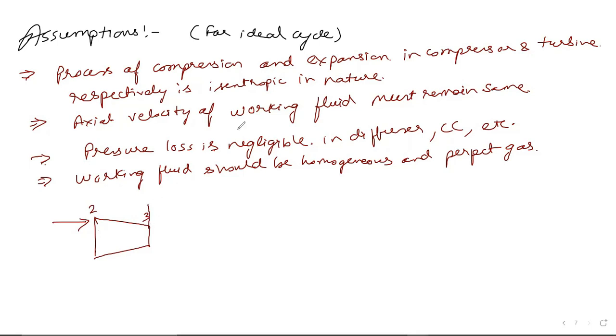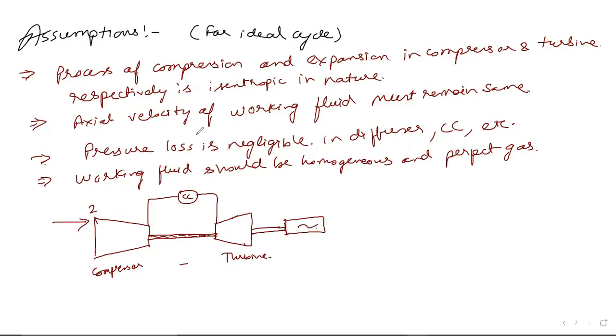After the outlet, it goes to the combustion chamber, and after the combustion chamber it comes to the turbine inlet. This is the compressor and this is the turbine. The compressor and turbine are connected with a shaft, and they are connected with the combustion chamber also. The turbine is then connected to the nozzle.